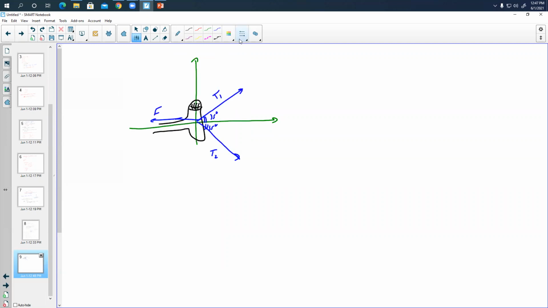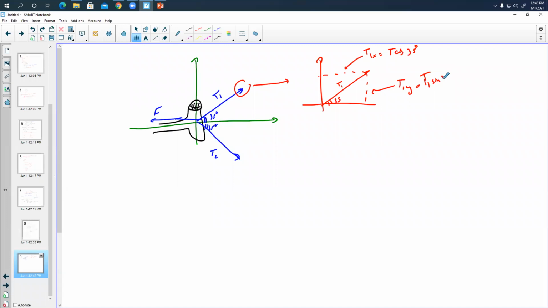Now, this T1 again is a resultant of T1x and T1y, where your T1x is going to equal T1 cosine 35 degrees, and your T1y in the y direction is going to be T1 sine 35 degrees.